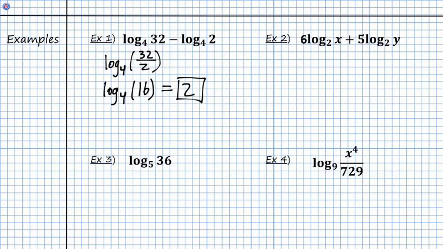All right, let's look at the next one. We have 6 times the log base 2 of x plus 5 log base 2 of y. First I'm going to transform this using my power rule. So this will be power and multiplication.